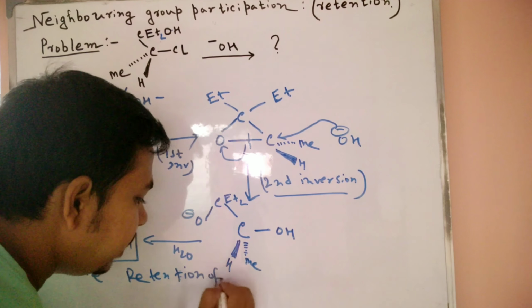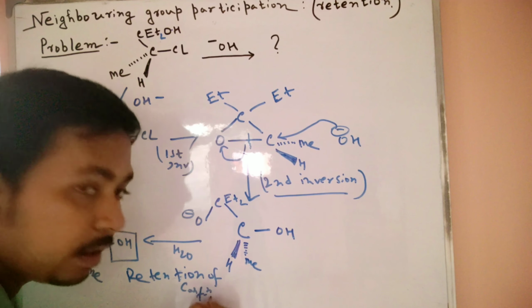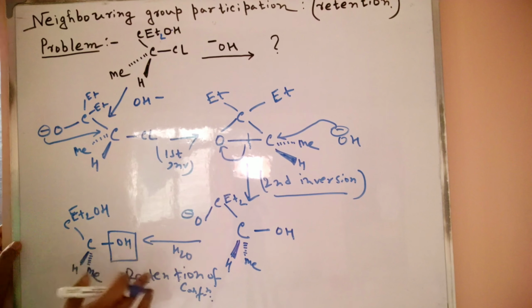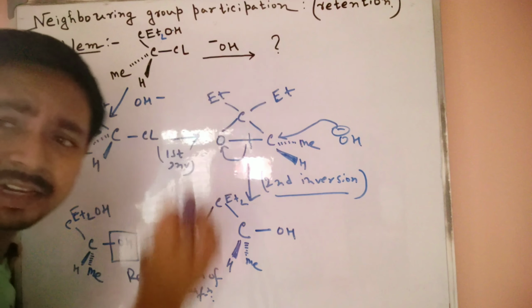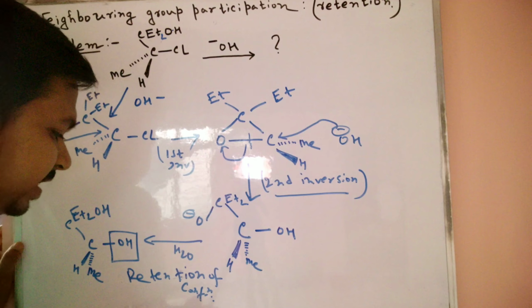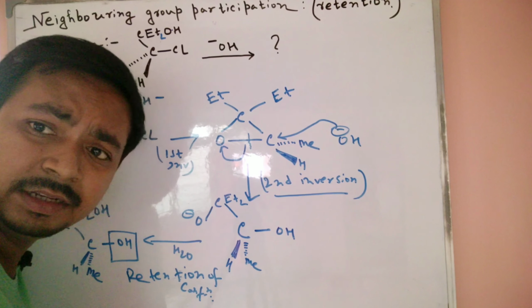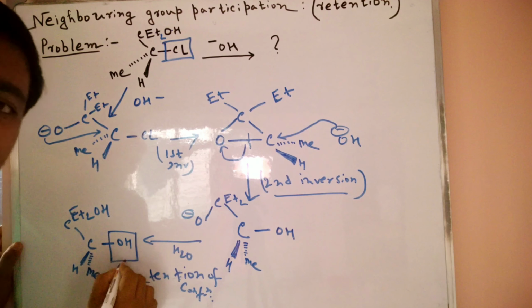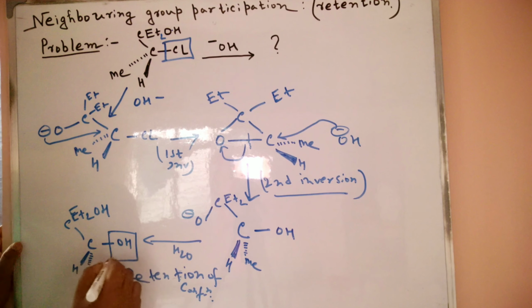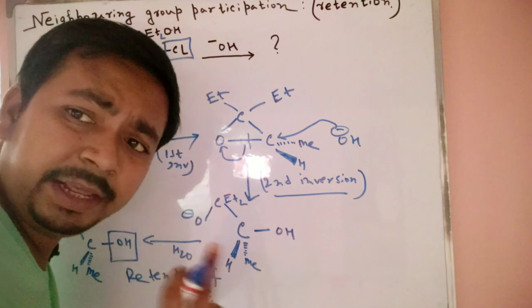When we use OH minus with this substrate, we get the retention of configuration product. So we can easily say that this chlorine is replaced with OH through the NGP reaction. This one is very important.